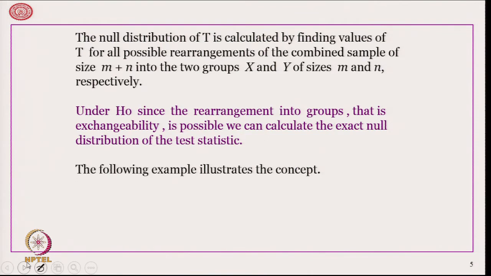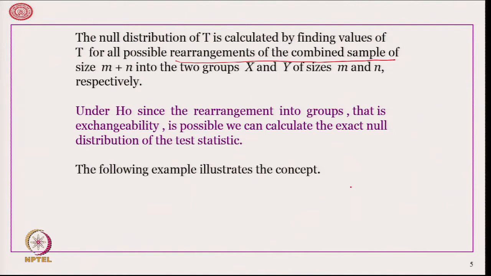Now, the question is, how do we calculate the null distribution of T? It is calculated by finding the values of T for all possible rearrangements of the combined sample of size m plus n into the two groups x and y of sizes m and n.